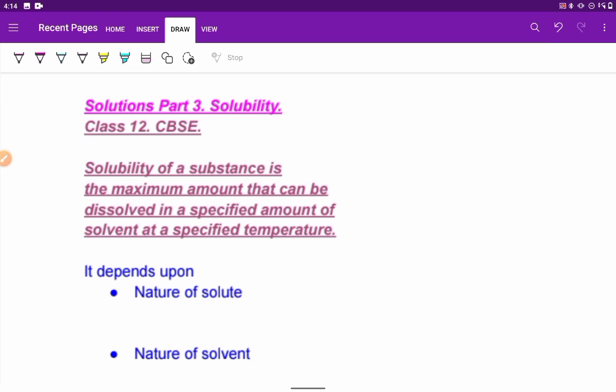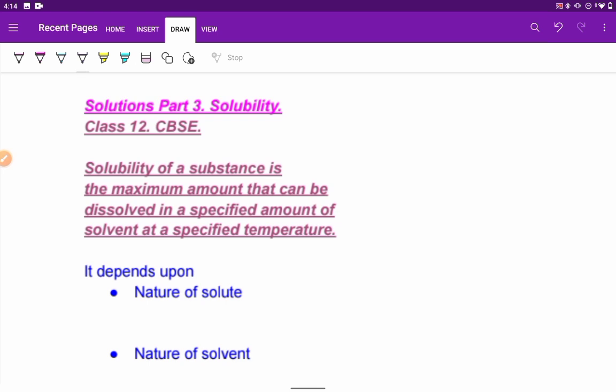Now see students, solubility of a substance is the maximum amount that can be dissolved in a specified amount of solvent at a specified temperature. So now see students, in a solution there are two parts, solute and solvent.